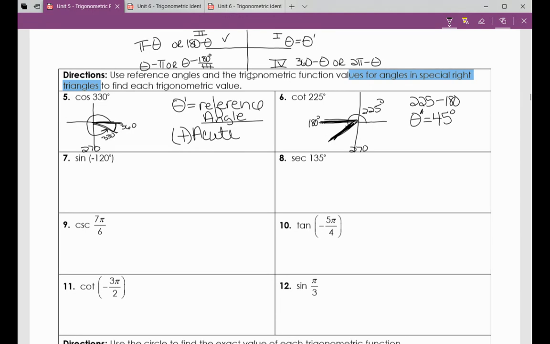Now, remember, we're not doing this part. We already did that yesterday. We are only calculating reference angles right now. So when I go to sine of negative 120, this is negative 90, this is negative 180, and negative 120 falls somewhere between them. Do y'all agree? I need to know how big this angle is.